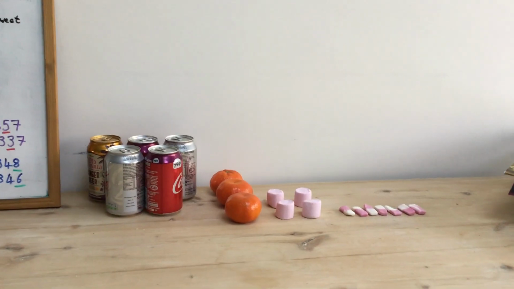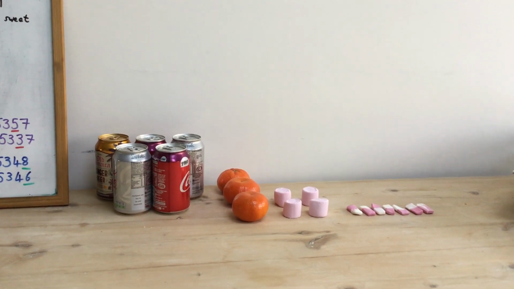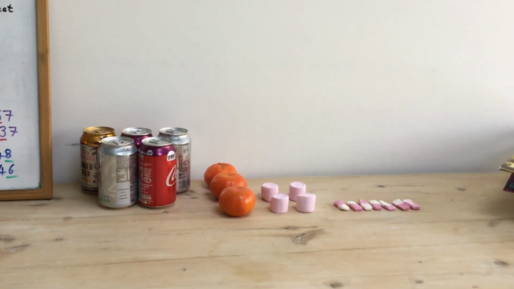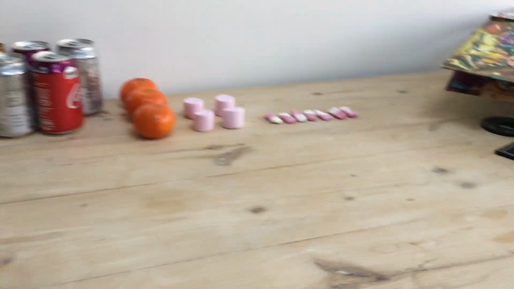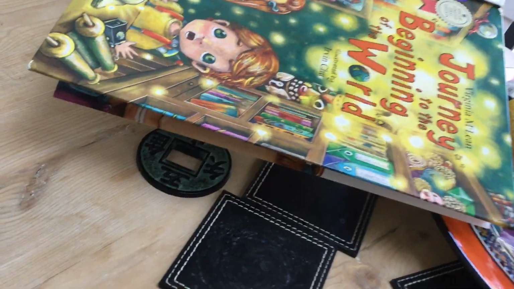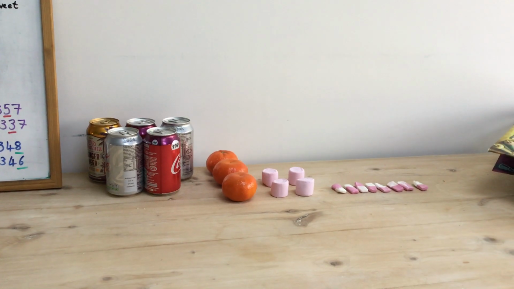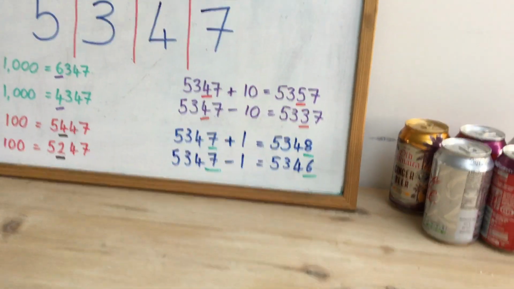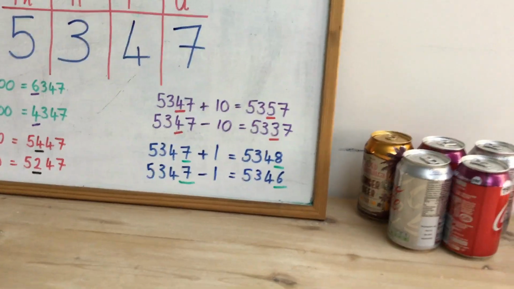Final set now. I'm going to look to add and subtract a 1 from my number. So 5,347. Firstly, I'm going to add a unit or a 1. So there's an extra squashy. So now I should have 5,348 as shown in the blue. And you can see it's only the units or ones digit that's gone up by 1.